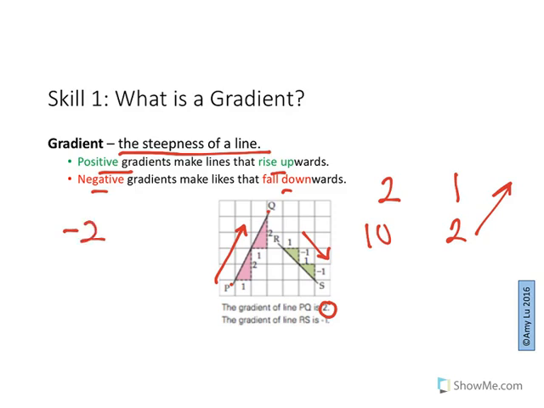So negative 2 is a negative gradient, and this line will go downwards. If we're talking about steepness, negative 10 will create a steeper negative line than negative 2. If we're talking about fractions, negative 1/2 versus negative 2, negative 2 is greater, so this line will be steeper. Again, the greater the value in the positive or in the negative, the steeper the line.